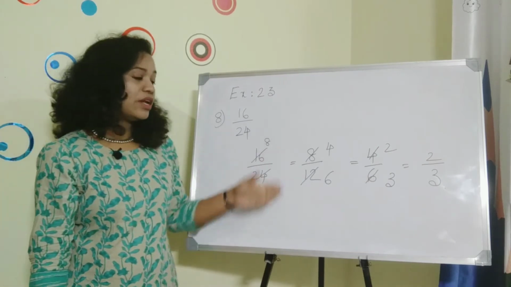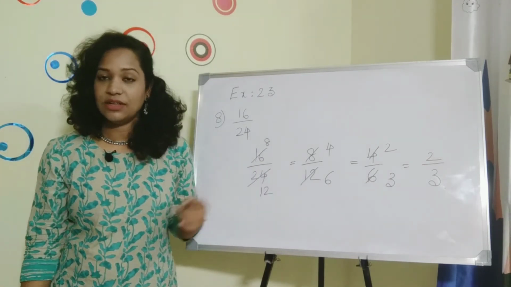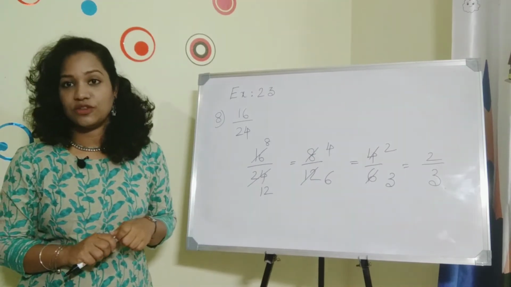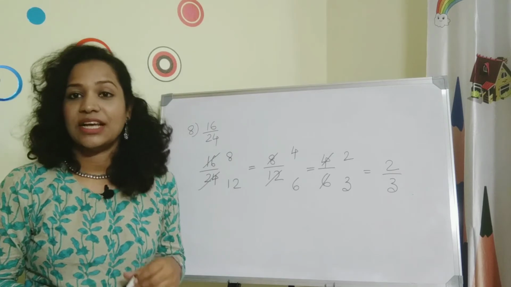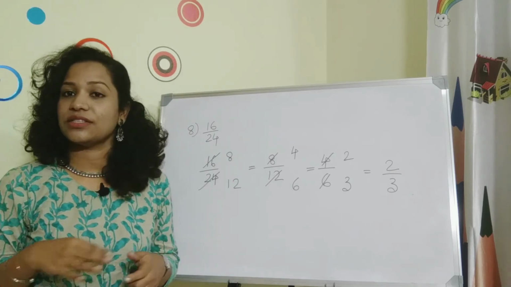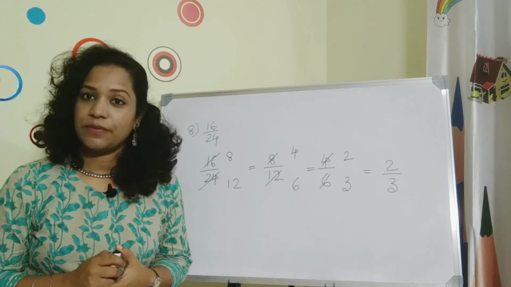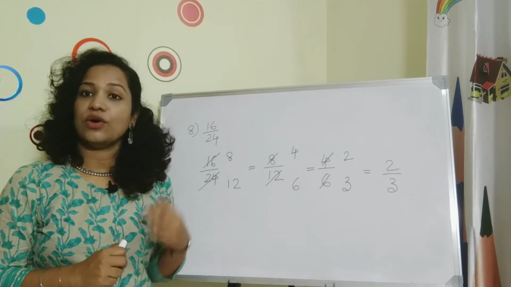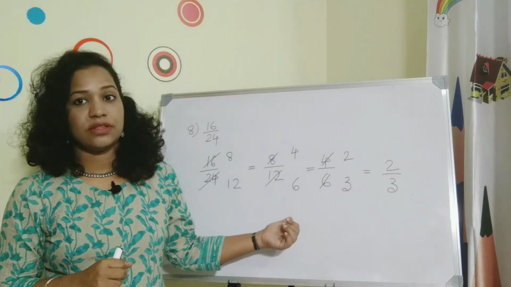Like this you can reduce the numerator and denominator also. This is another method to find the simplest form. If the numerator and the denominator are bigger numbers like 126 by 540 or something like that, you might take a lot of time to find the simplest form in this method.